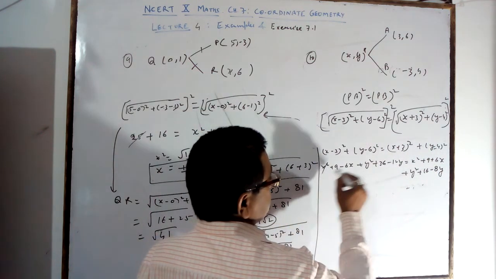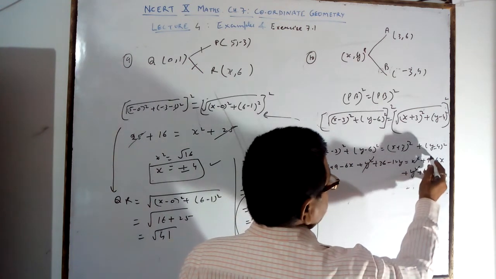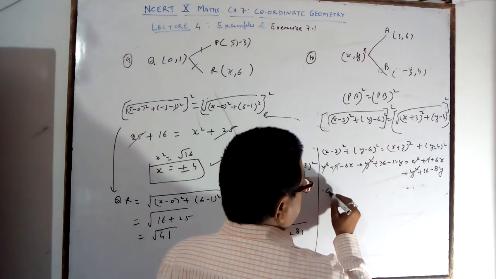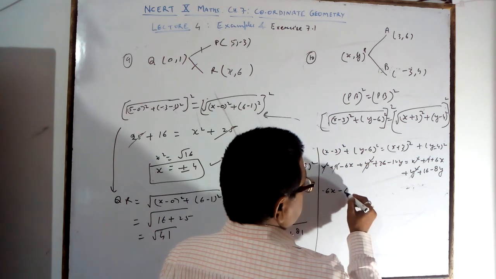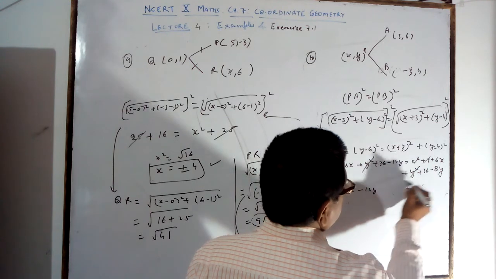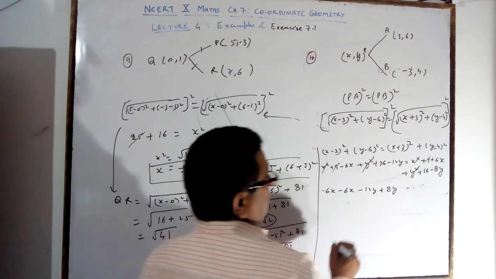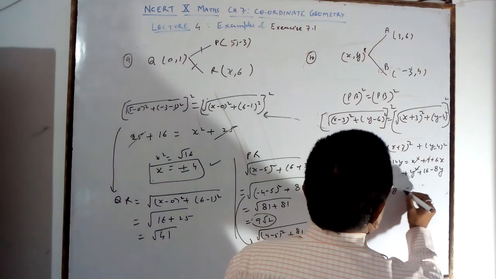Like this, x square and y square cancel from this side, plus 9 also cancels, minus 6x from this side, minus 12y plus 8y from this side, and 36 is left here.